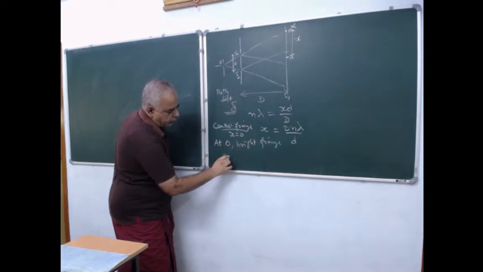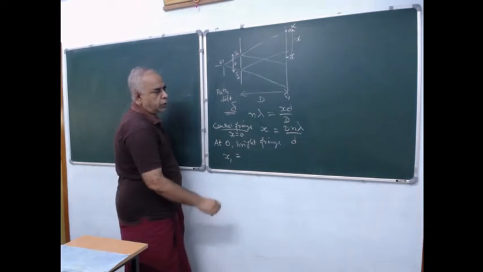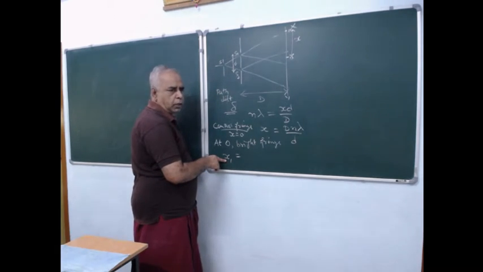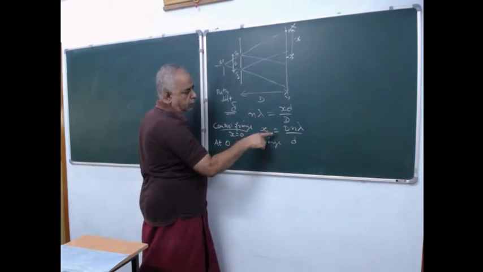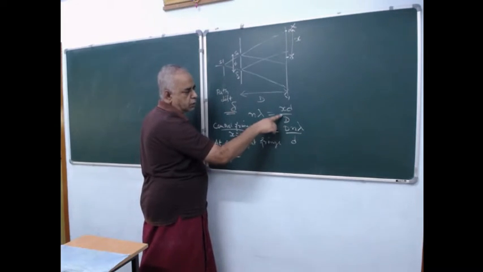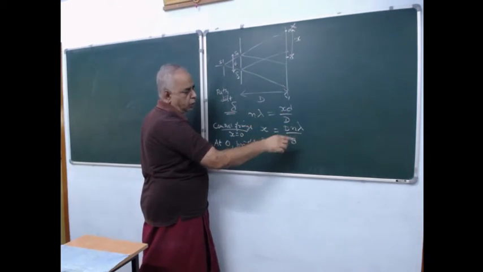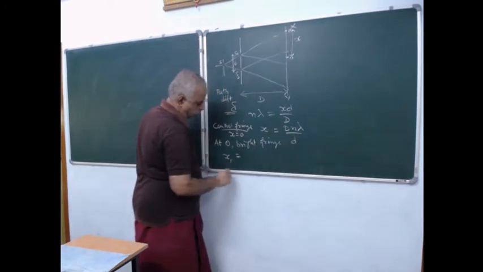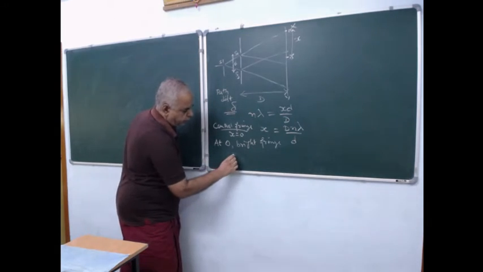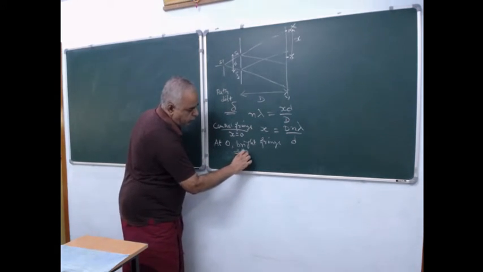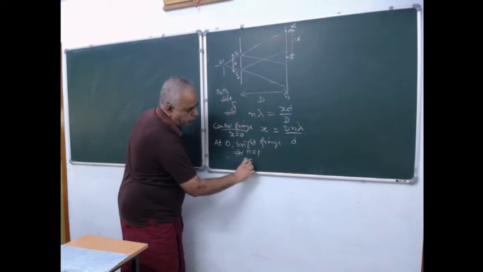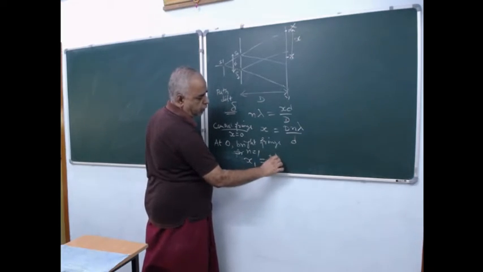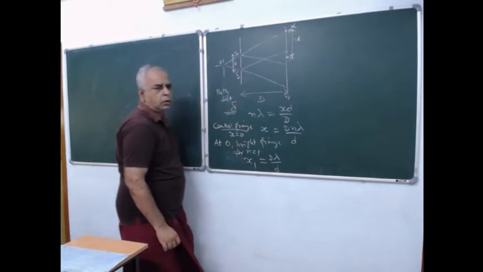So at x1, for n is equal to 1, x is equal to x1. So x1 is equal to D lambda divided by small d, right?